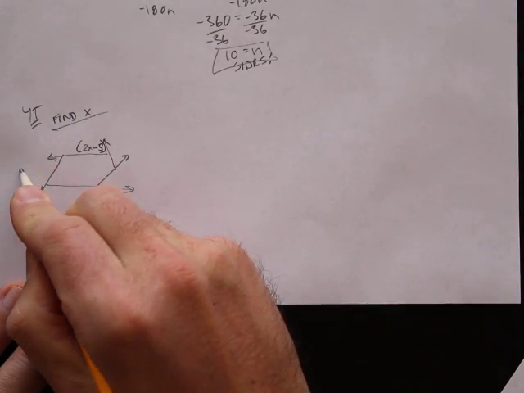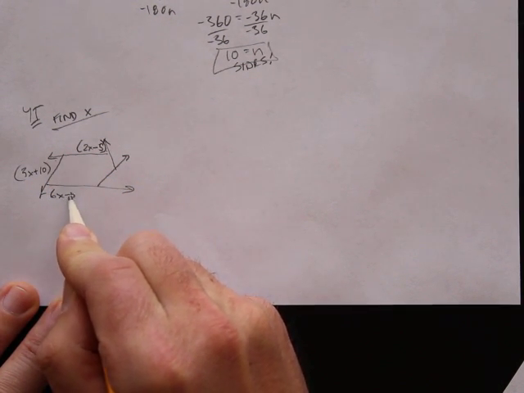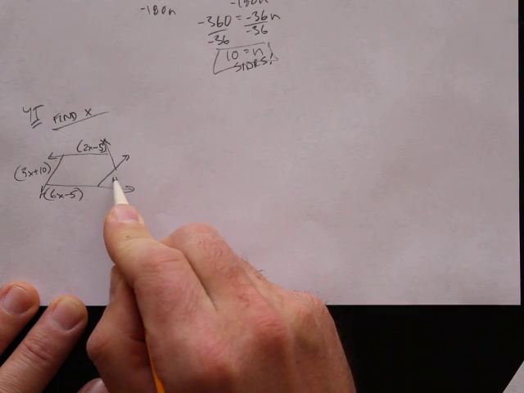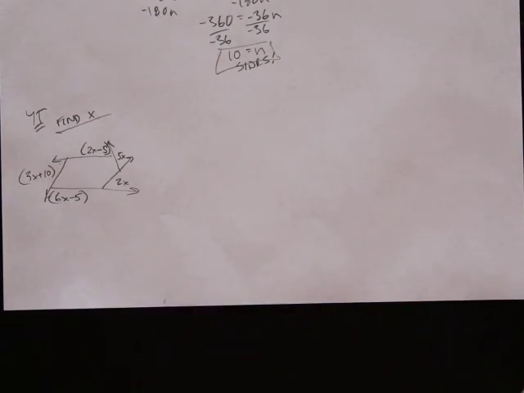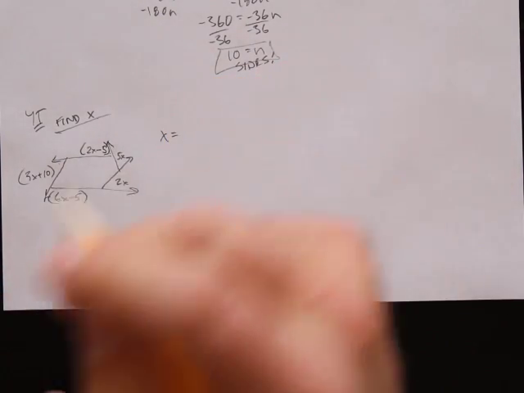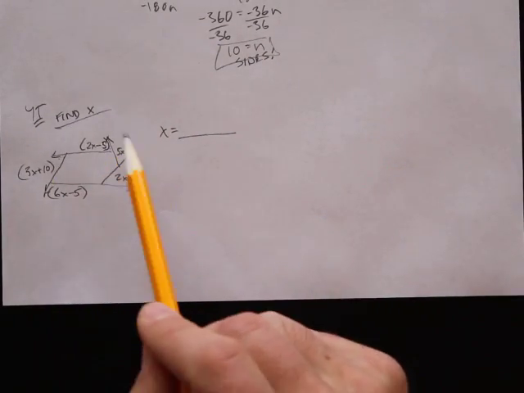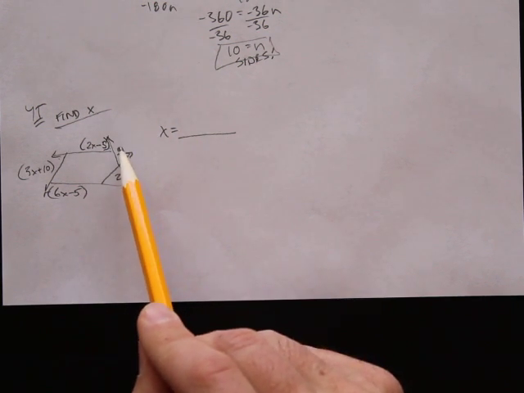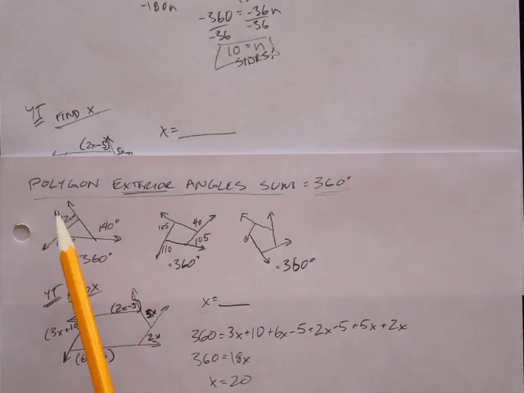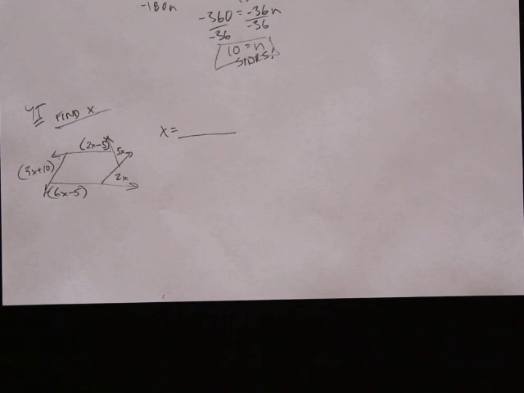This angle here is 3x plus 10. This angle is 6x minus 5. This angle is 2x, and this angle is 5x. I just want to know, what does x equal? I'll get you a little bit set up first. Remember what we just learned: if I add up all of the exterior angles, I should get 360 degrees. So that's your hint. Go ahead and pause the video and get to work.